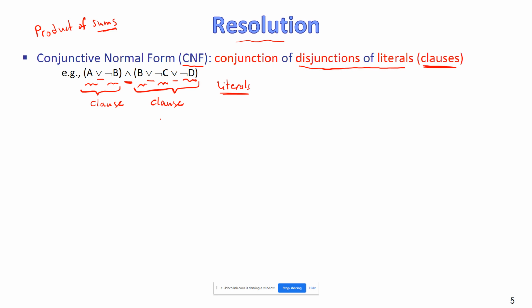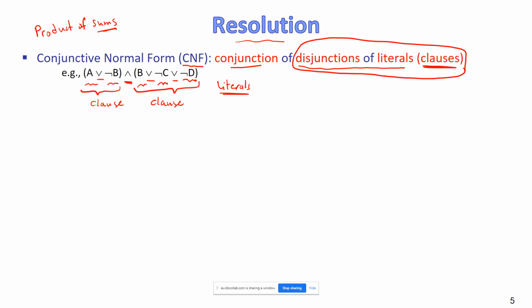Now, when we do a conjunction, which is an and of clauses, we get what we call conjunctive normal form, or in short, CNF. That's the form that we need to have before we apply the resolution algorithm.